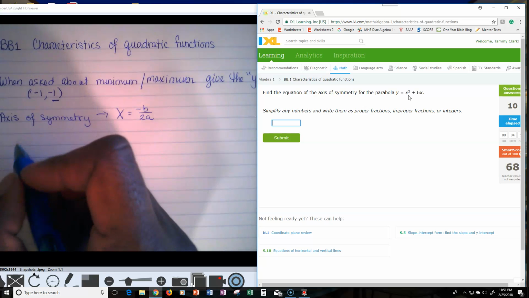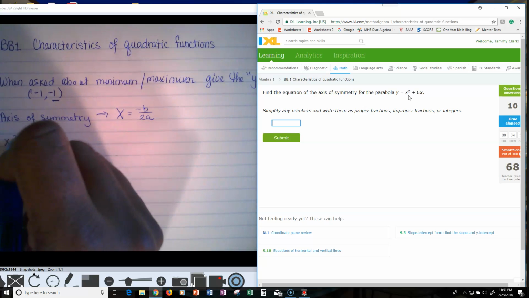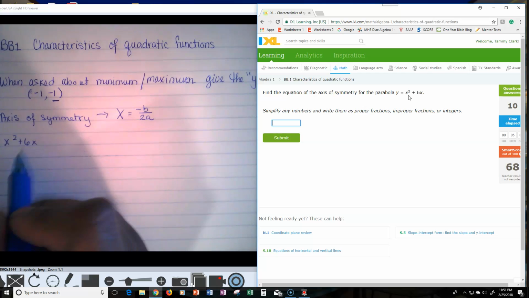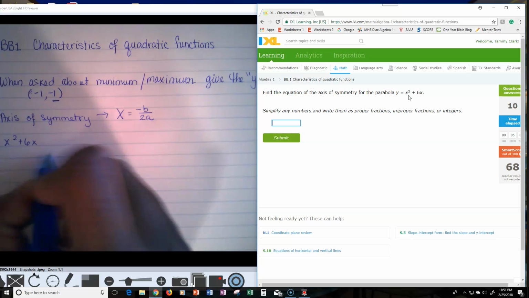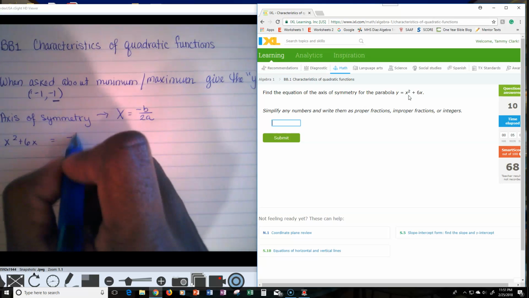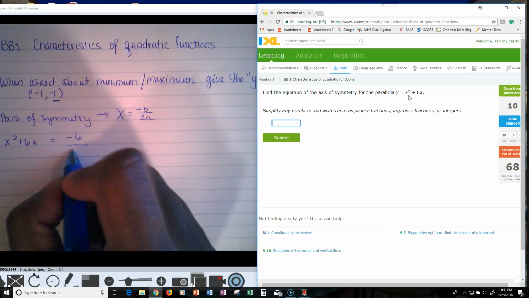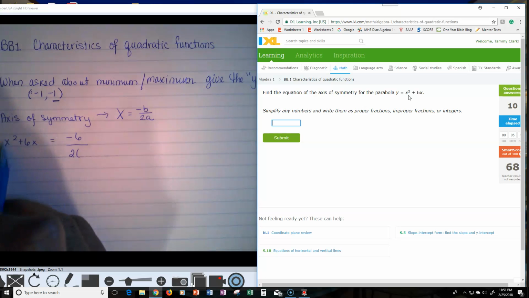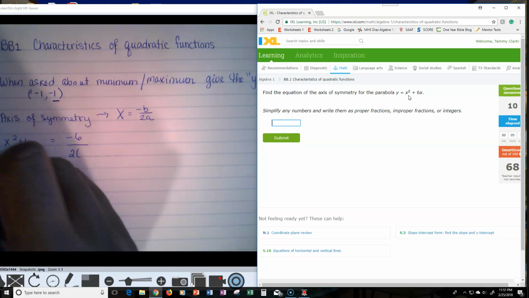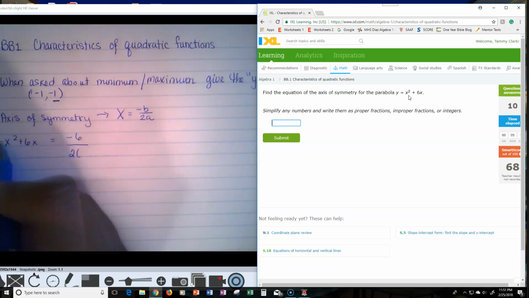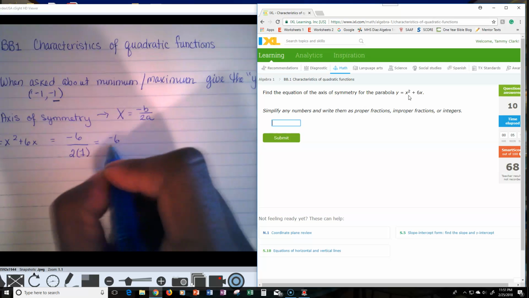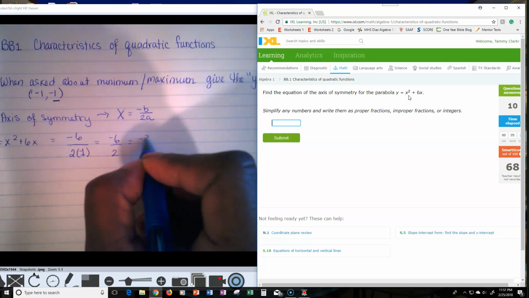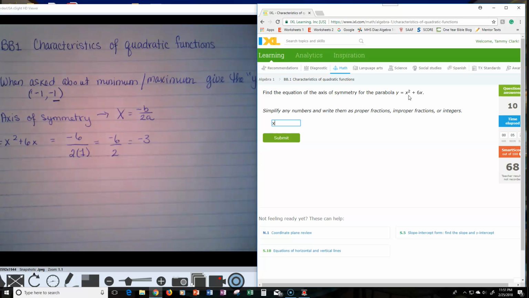And in this case, we have x squared plus 6x. So we have an a and a b. The opposite of b would be -6. We have 2 multiplied by the a term. We don't have an a term right here, so we know automatically that there is a 1 in front of that x. So negative 6 divided by 2 would be negative 3. So the axis of symmetry would be x is equal to negative 3.